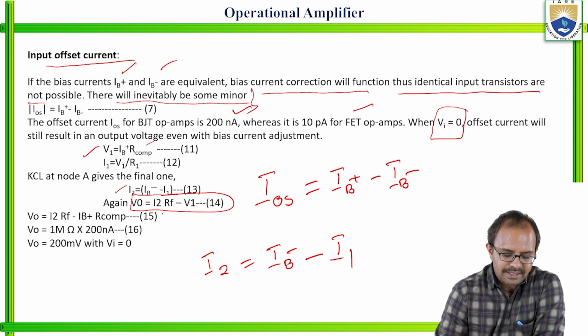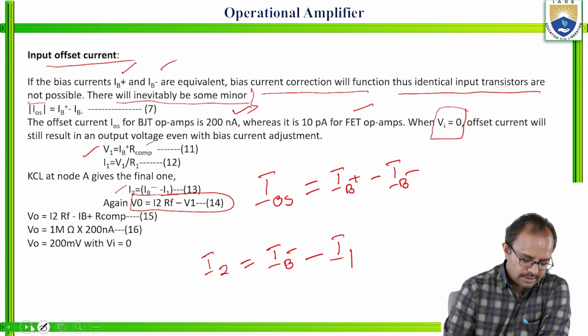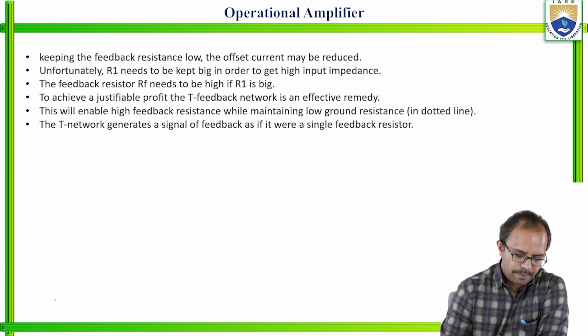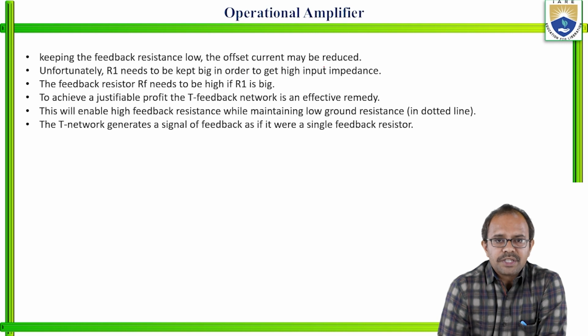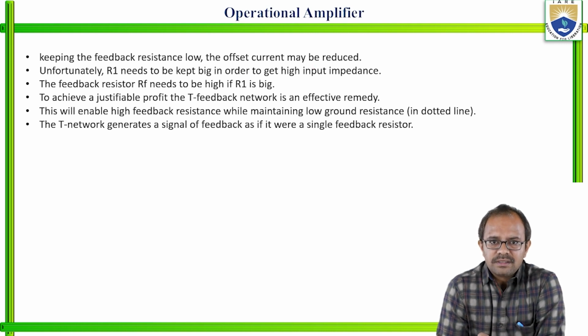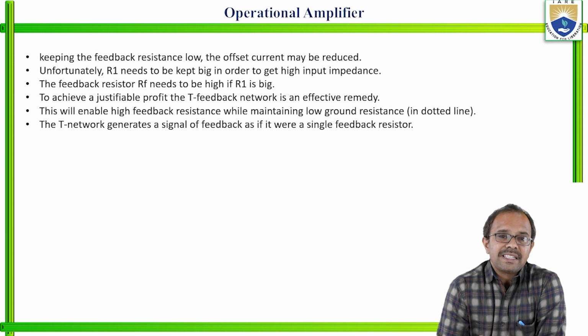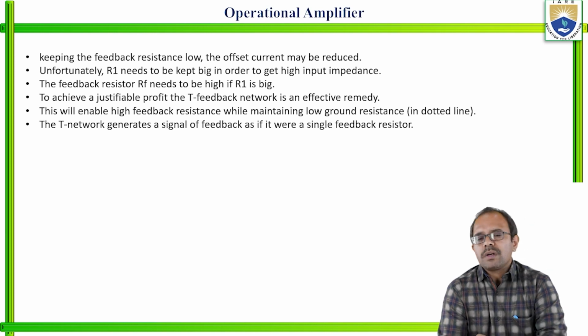You can easily say that V0 is I2 RF minus V1, right? So keeping the feedback resistance low, the offset current may be reduced. See, it is certain, the value is still available, it is inevitable, we cannot overcome that.